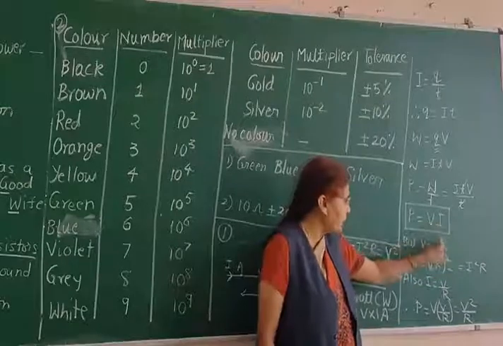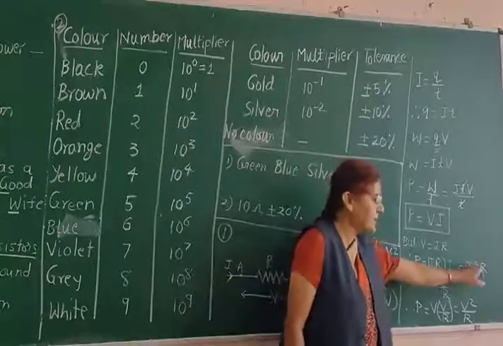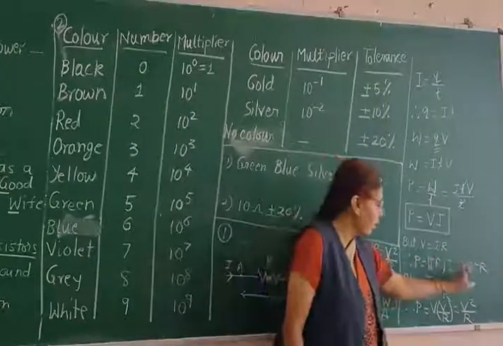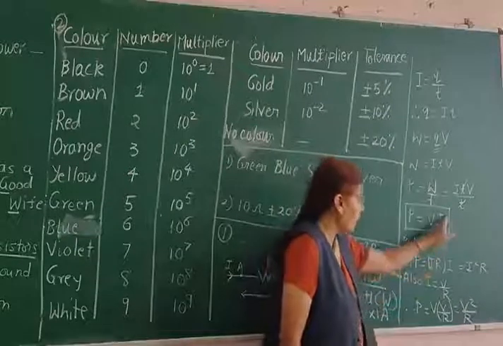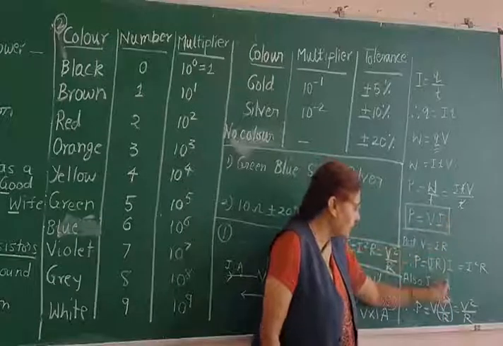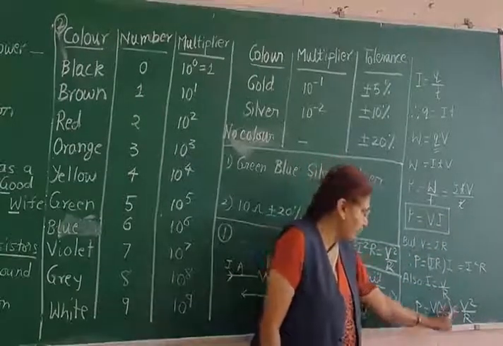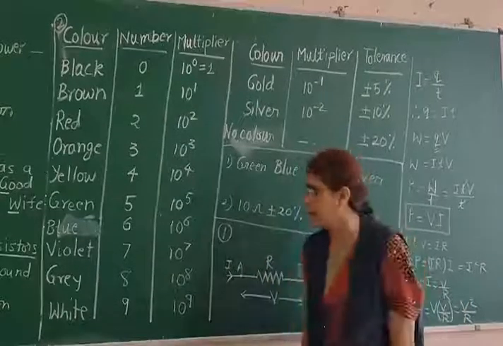Then it will be I R into I, so it will be I square R. So another way of writing power is P equals I square R. Then another way is also there: you can put I equals V upon R. Then power P will be V into V upon R, so it will be V square upon R. So there are three ways of writing power. I have written it clearly.